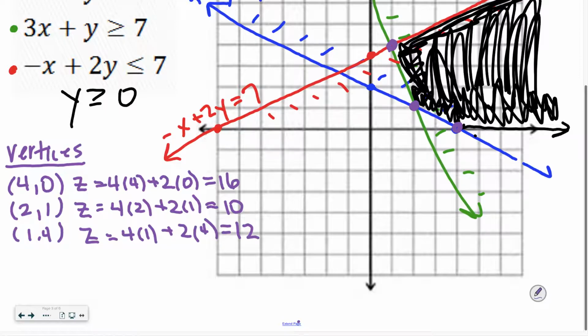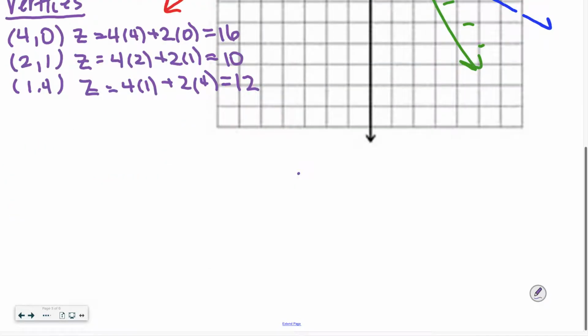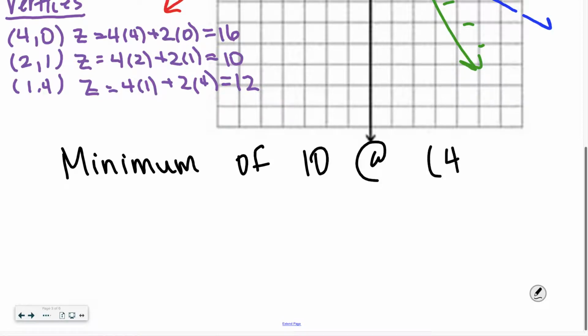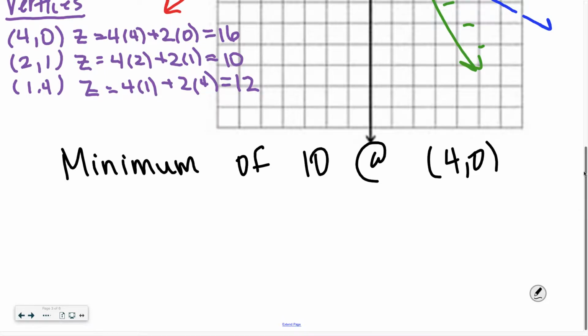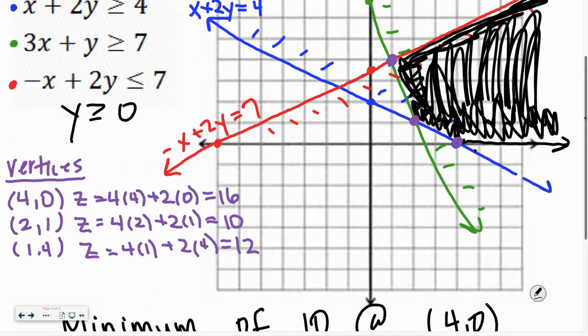So let me ask you a question. What's our minimum? What's our maximum? I disagree. Our shading keeps going, right? So those coordinates are just going to get bigger and bigger.